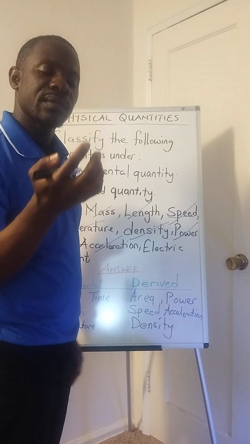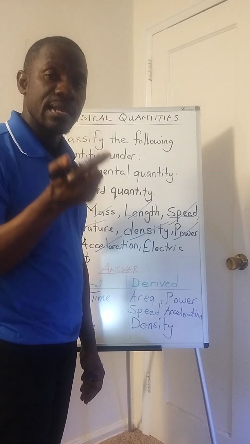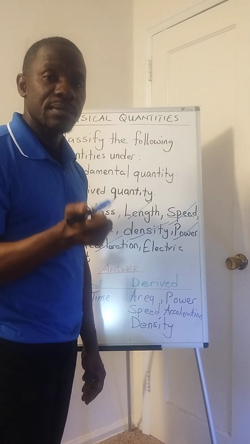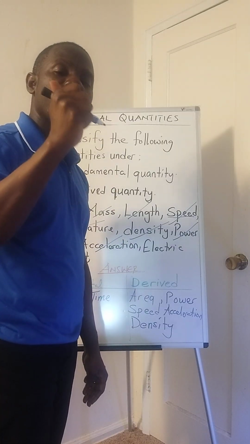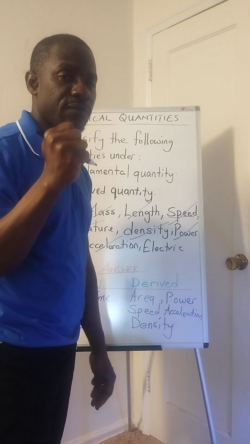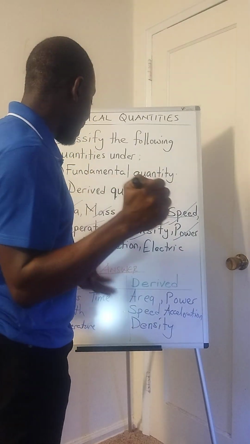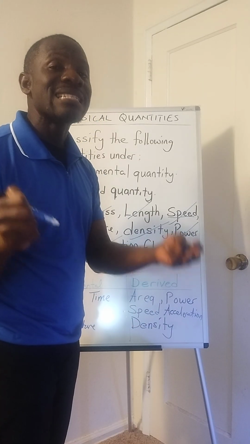And they are time, mass, length or distance. Okay, we have amount of substance, making 4. We have temperature, making 5. We have electric current, making 6. Then the last one is luminous intensity, making 7.